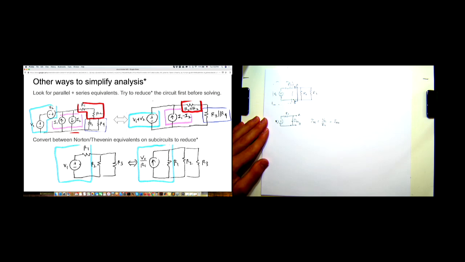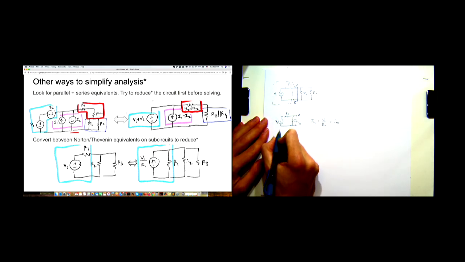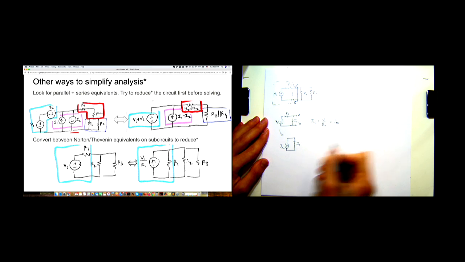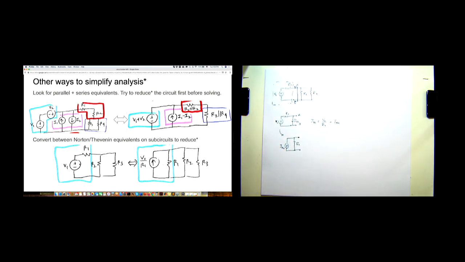Does this make sense? So this is equivalent to that, right?